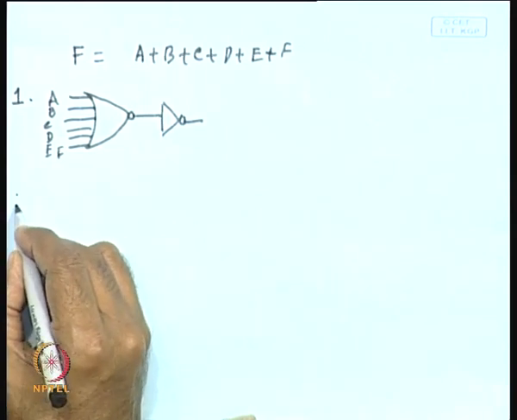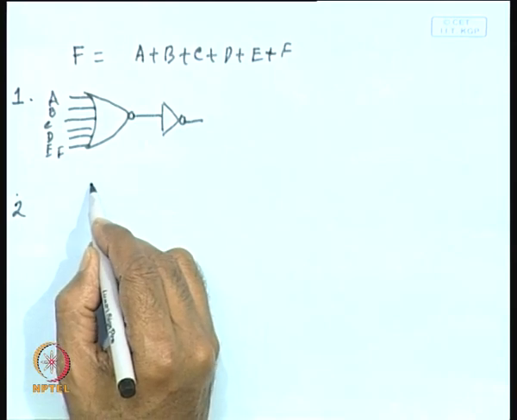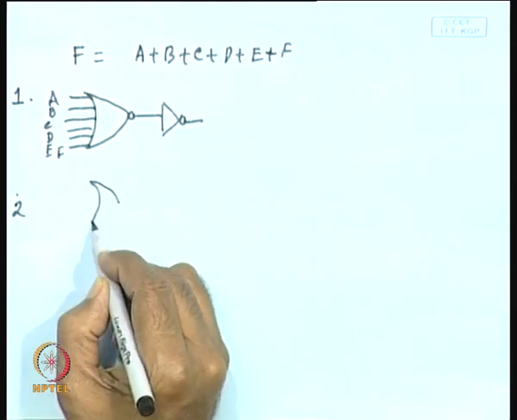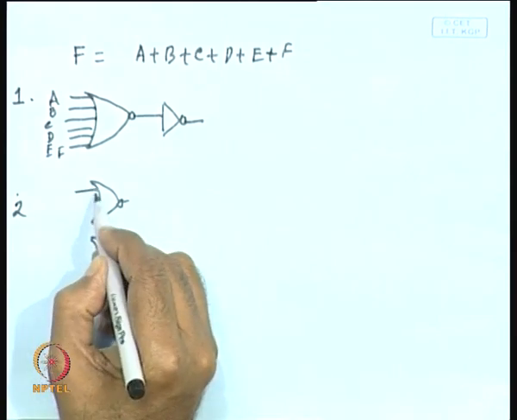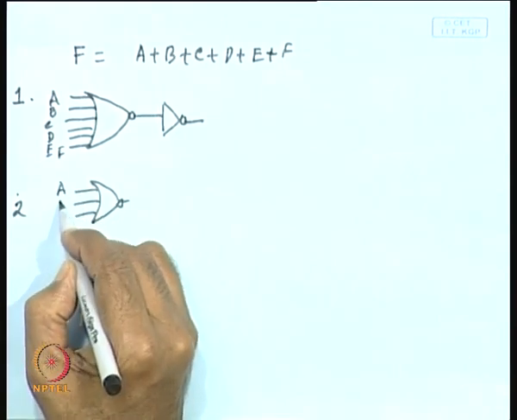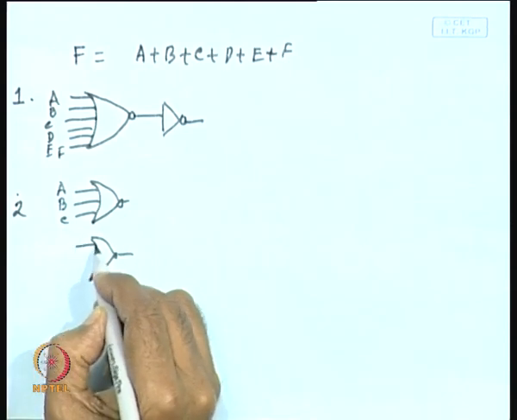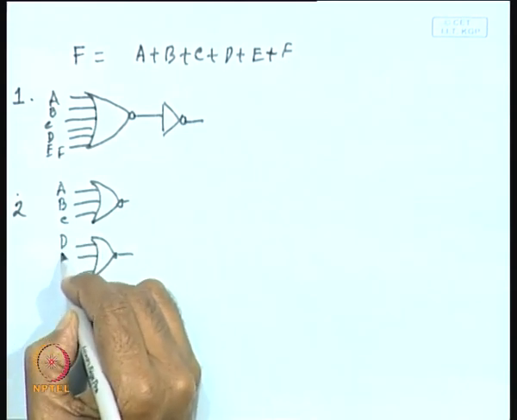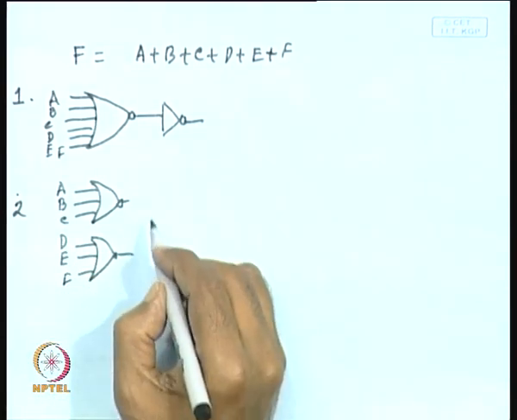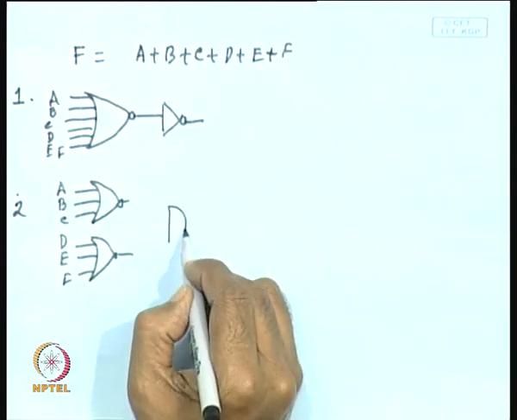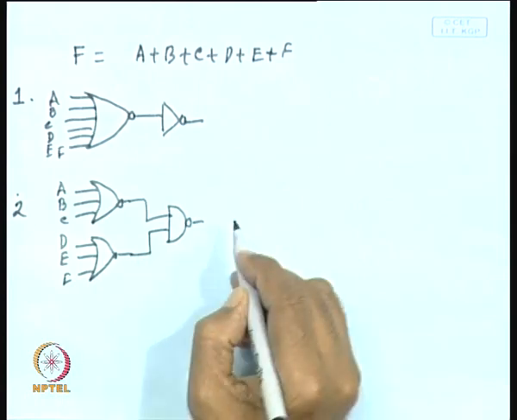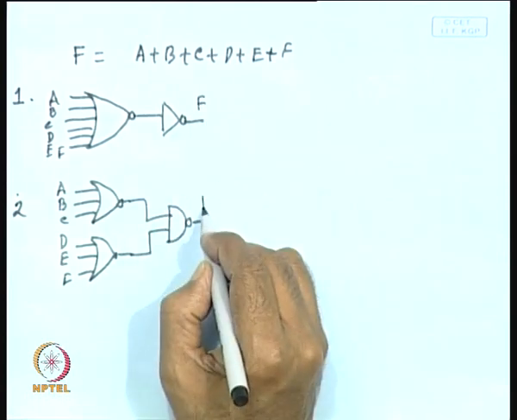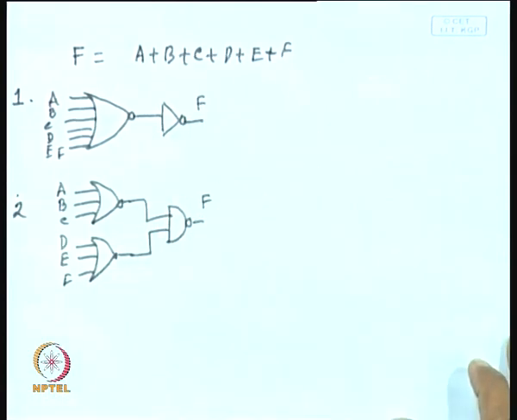Second alternative is, in the first stage you will have two NOR gates. A, B, C you apply here, and D, E and F is applied here. Then you will require a 2 input NAND gate instead of inverter at the output stage to realize the function f. In all the cases, the function realized is f.